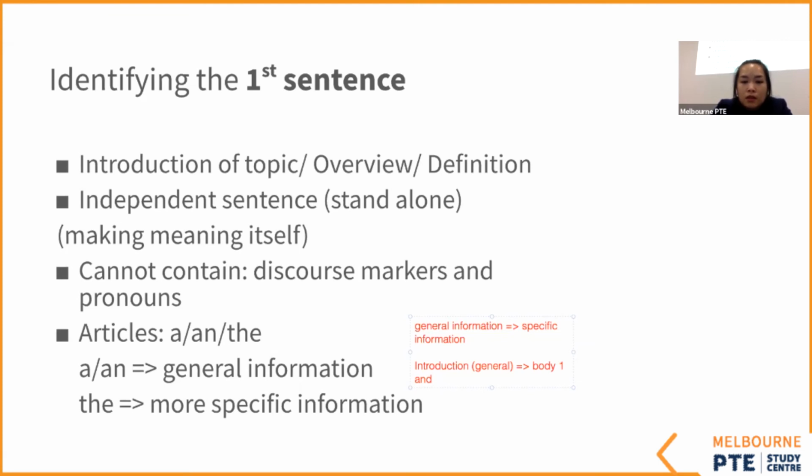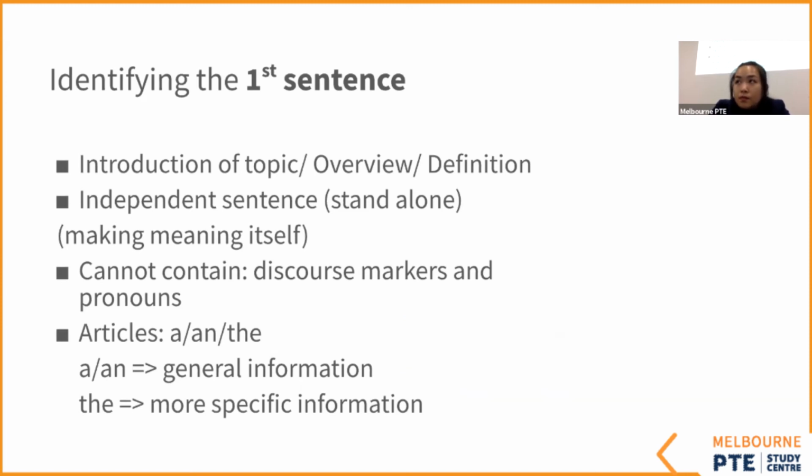Same as the other one: you give me the idea, after your idea you need to explain it, and after you explain it, you need to give me an example. So the idea will be general, then you explain it and become more specific, and then the example is the specific information. So that's how it works.